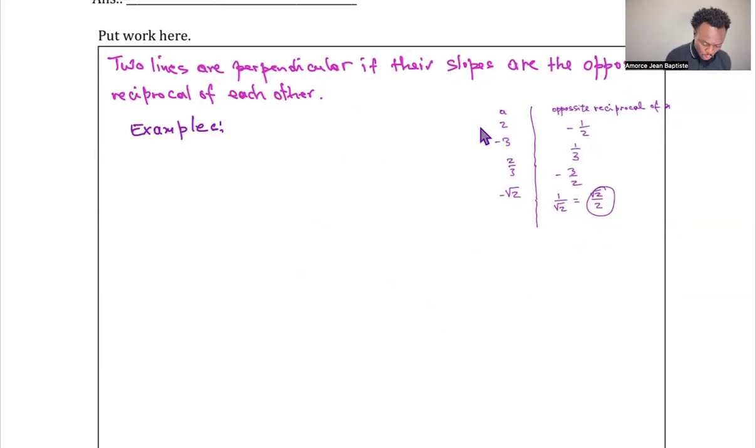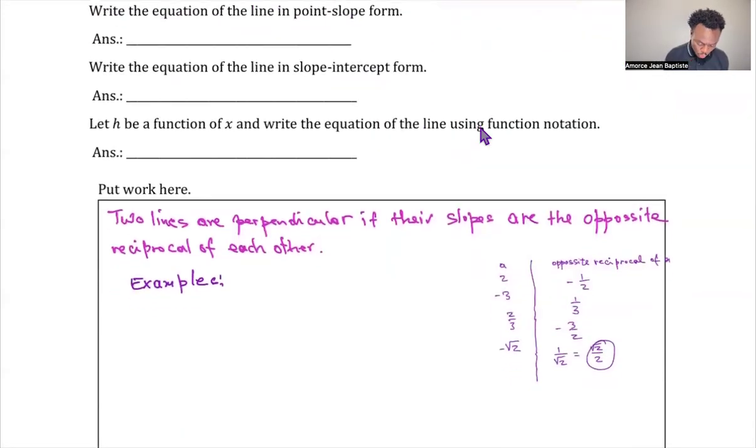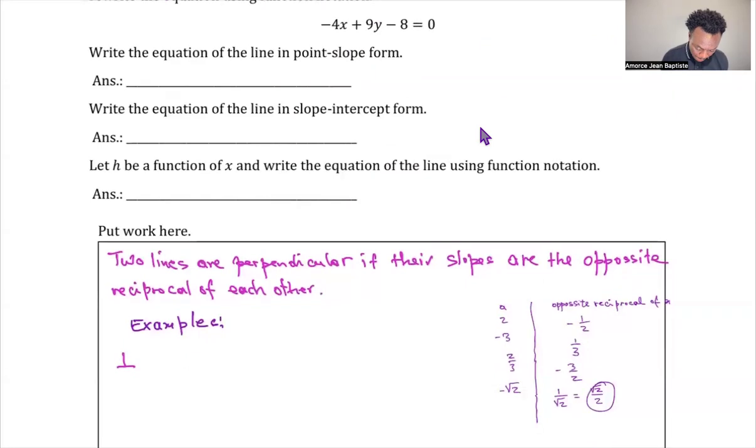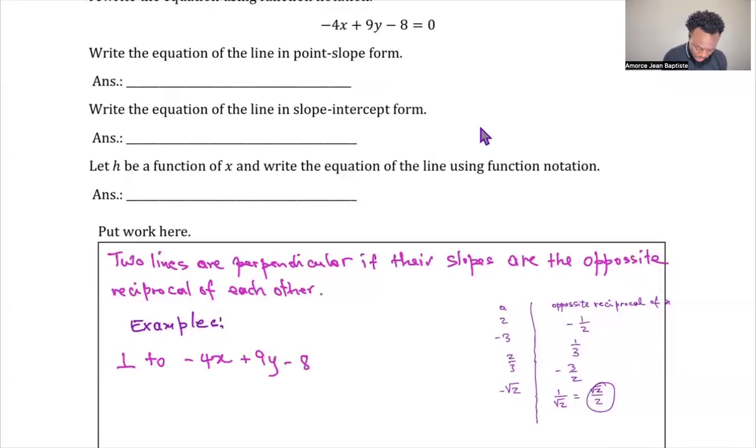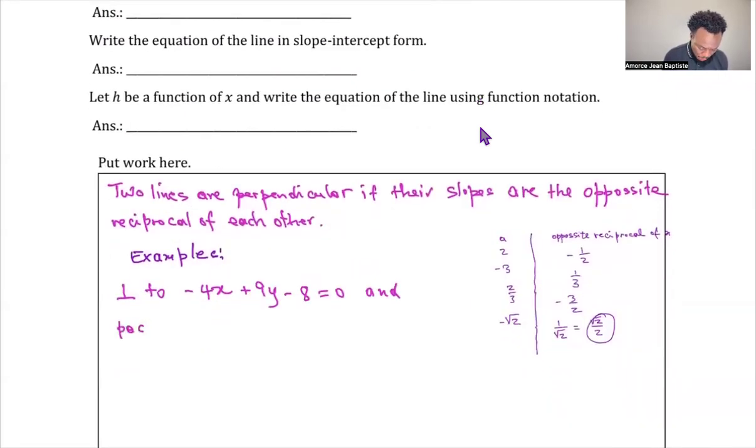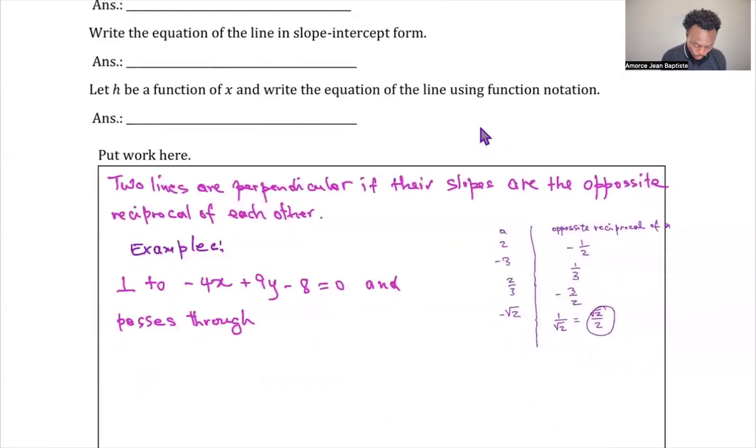So first, we need to know that the line is perpendicular to this one that is -4x plus 9y minus 8 equals 0, and passes through the point 2, 5.